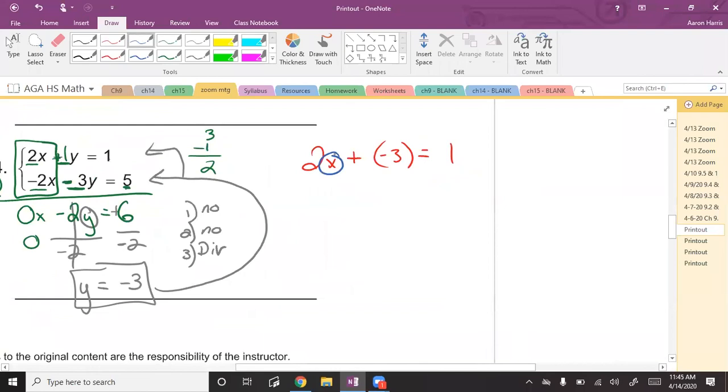For x. So simplify / combine like terms. Anything to do? No. Just go through your checklist. No PEMDAS, no distributing, no fractions. So this just says 2x minus 3 equals 1.